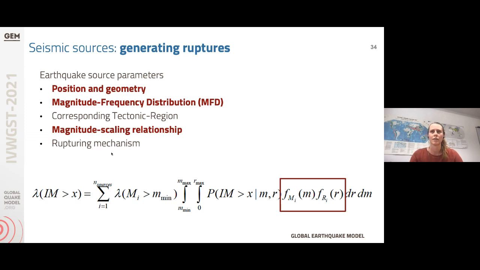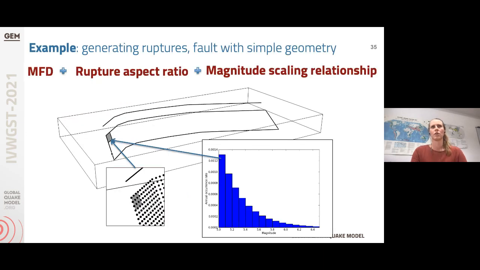The different properties of the earthquake sources that define the locations, the rates, as well as the dimensions, are used to create this distribution of ruptures of all magnitudes and all distances for that respective source. This following animation shows an example of how this would occur for a seismic source.